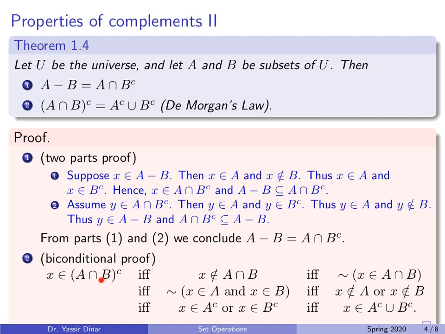So one direction means that (A intersection B) complement is a subset of A complement union B complement, and if I go in the other direction, it means that A complement union B complement is a subset of (A intersection B) complement. As an exercise, you can try to prove the first statement here, A difference B equals A intersection B complement, also by using biconditional proof.